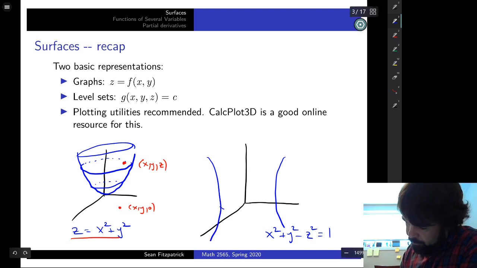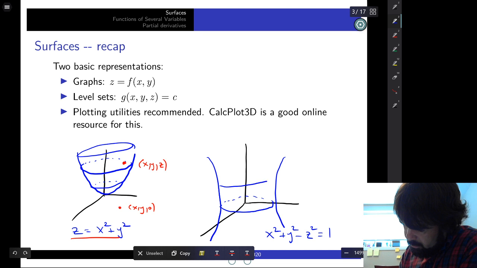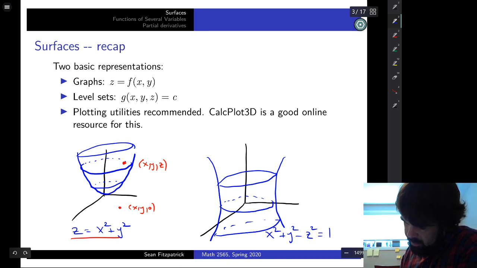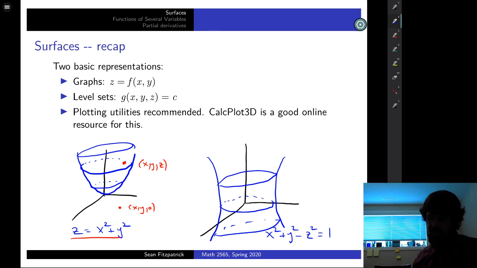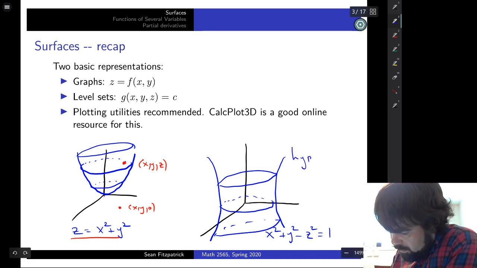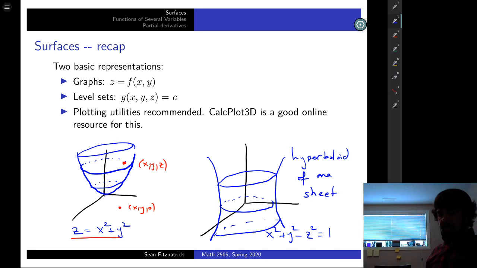But if you cut it in a plane that's parallel to the XY plane, you get a circle. So this is called a hyperboloid of one sheet. There are also hyperboloids of two sheets.